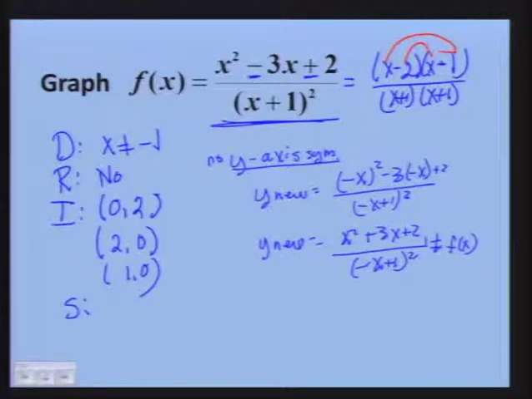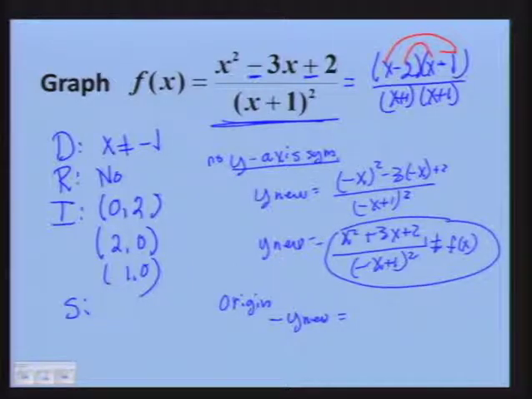So next we can check for origin symmetry by letting the opposite of our new y equal what I got when I plugged in the opposite of x, because I am plugging in the opposite of x and the opposite of y both. So x squared plus 3x plus 2 divided by the opposite of x plus 1 squared.